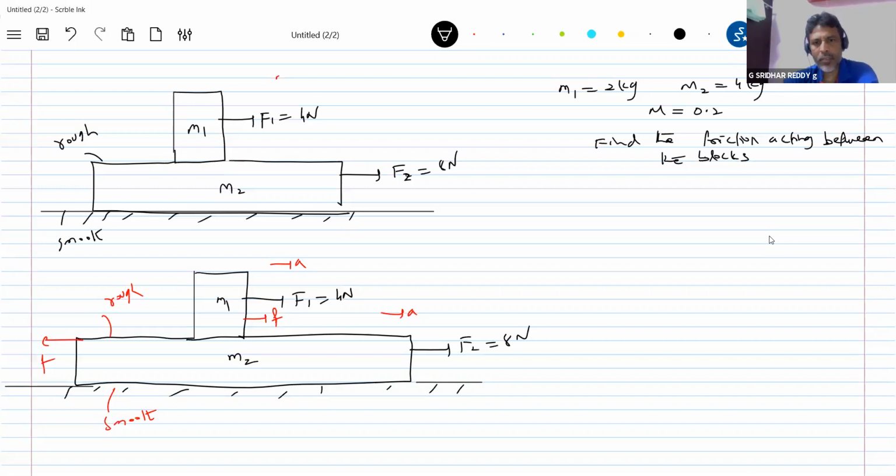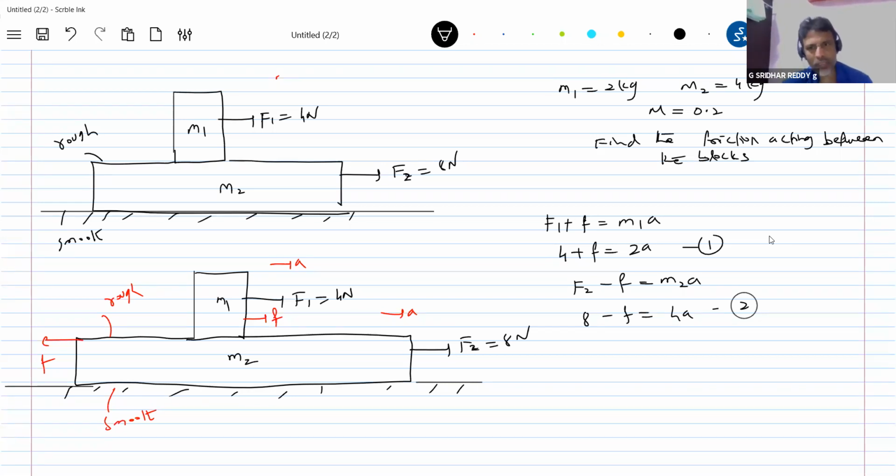So then this should be F1 plus F equal to M1 A. F1 is 4, so 4 plus F equal to 2A. F2 minus F equal to M2 A: 8 minus F equal to 4A.